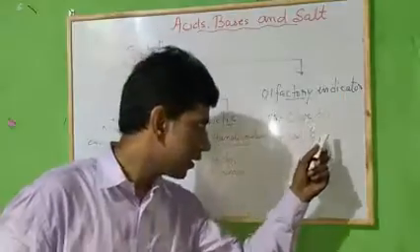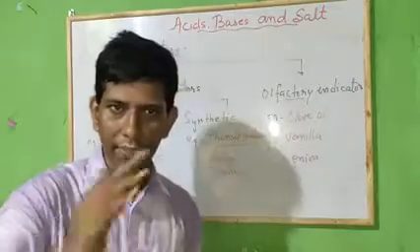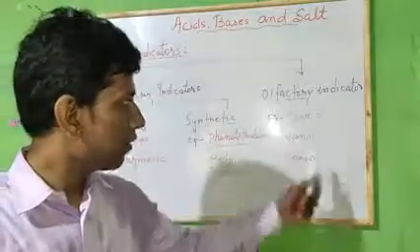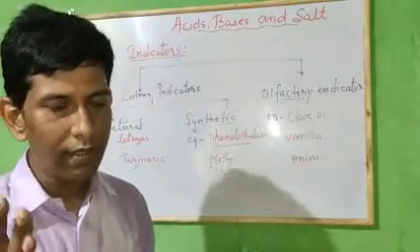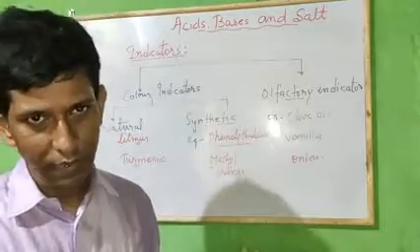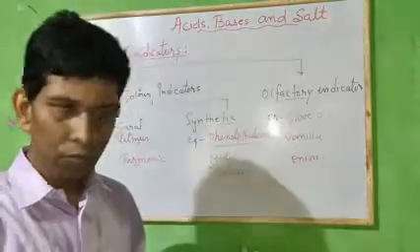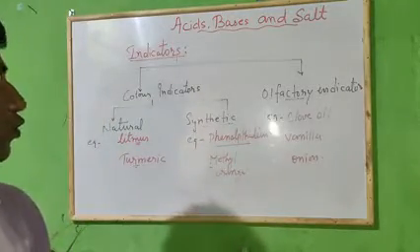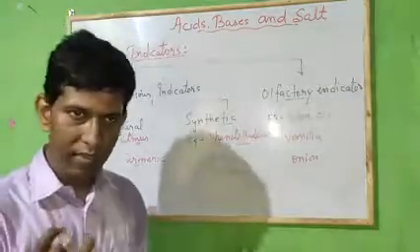But when the olfactory indicator comes in contact with another liquid and its characteristic smell is destroyed, this confirms the basic nature of the liquid. Clear? So we can use this indicator to know the nature of the given liquid.